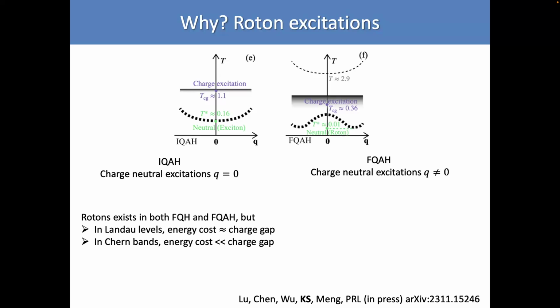Because of this, in the fractional quantum Hall literature, this excitation is referred to as a roton or magnetic roton excitation, to emphasize the fact that it carries finite wave vector. And this finite wave vector is the reason why there is a density oscillation near the impurity. It's because we have low energy excitations that carry finite momentum.